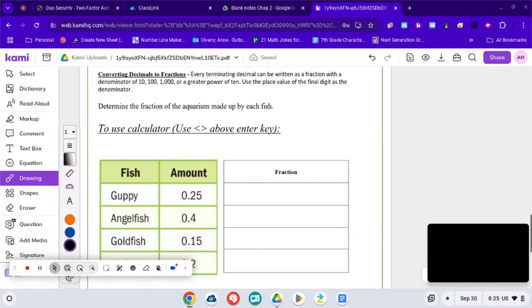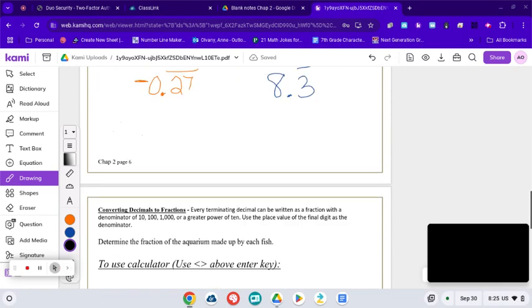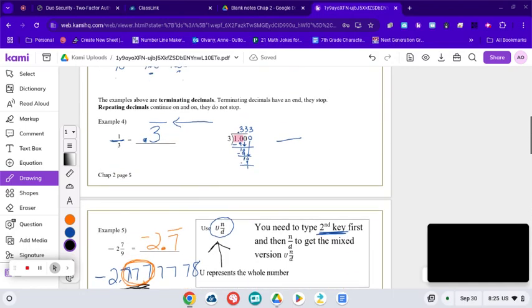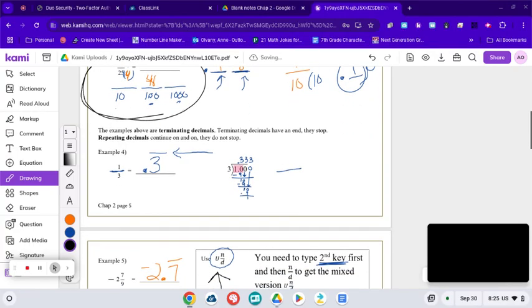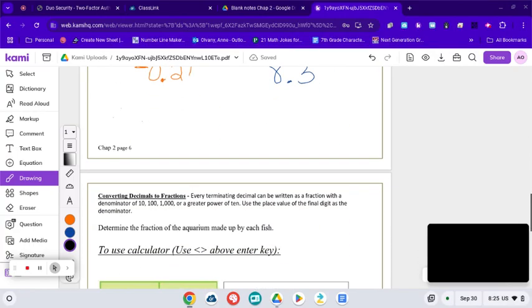So today what we're going to finish up is what if you're given a decimal, how do you make it a fraction? And we touched on that a little bit when we talked about this one here, because that 25ths easily converted to a decimal.